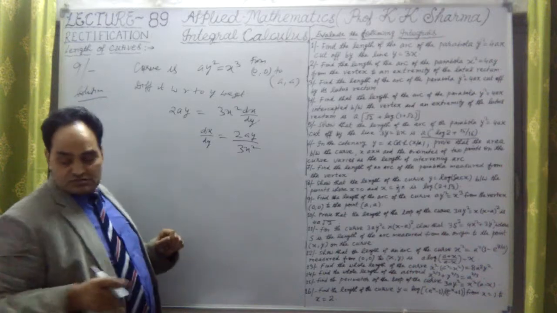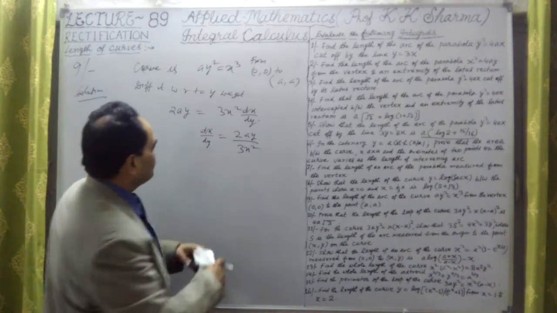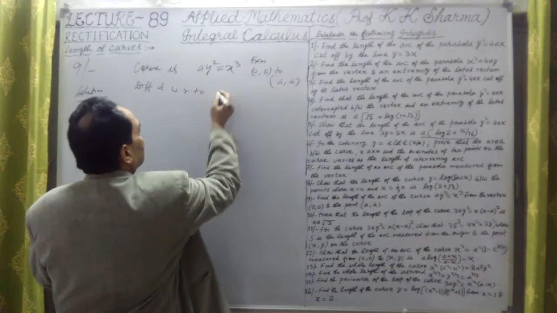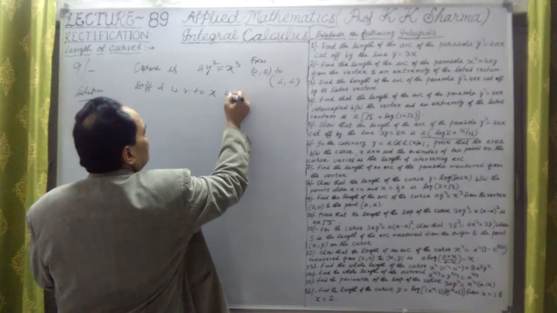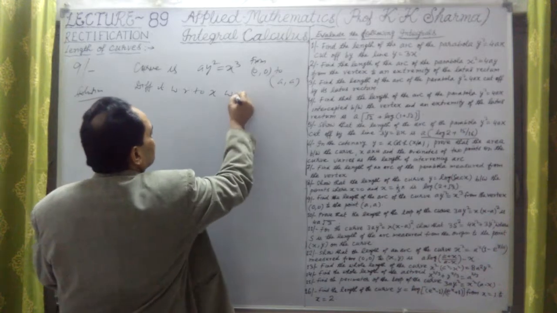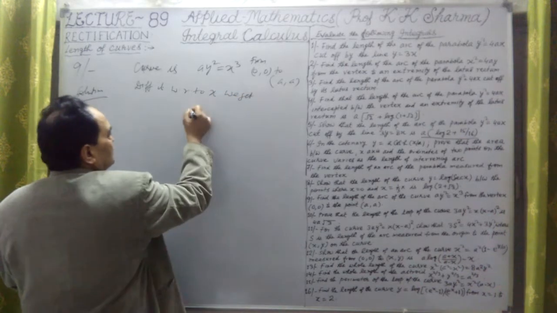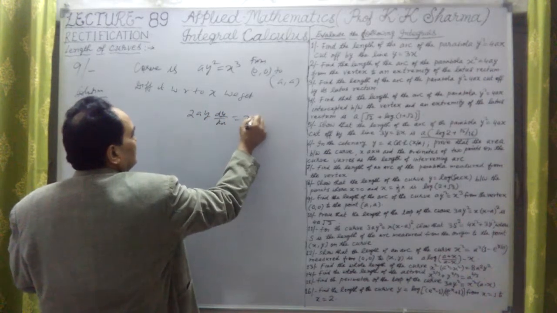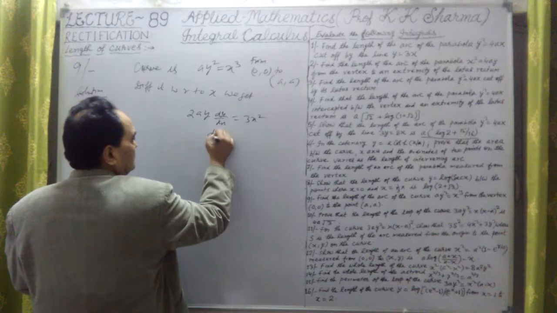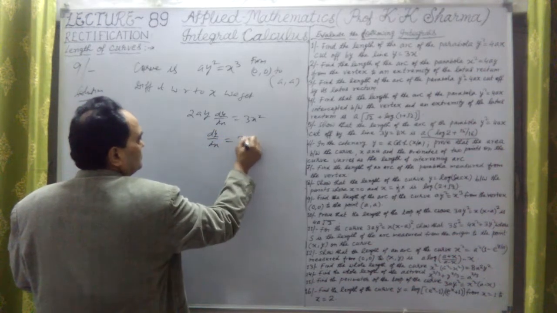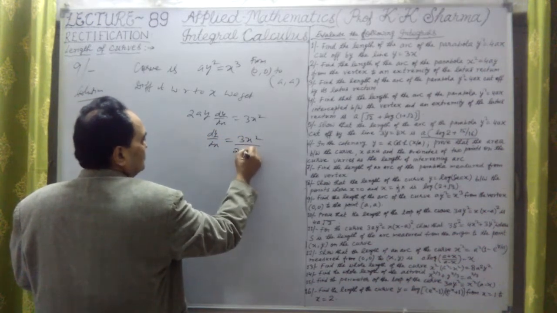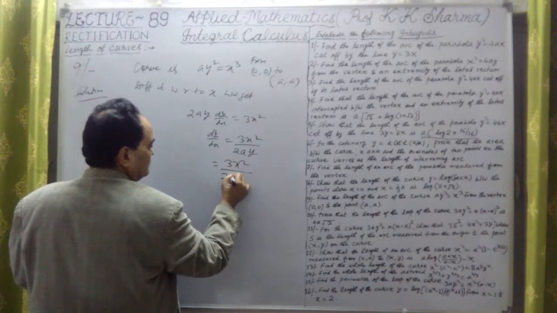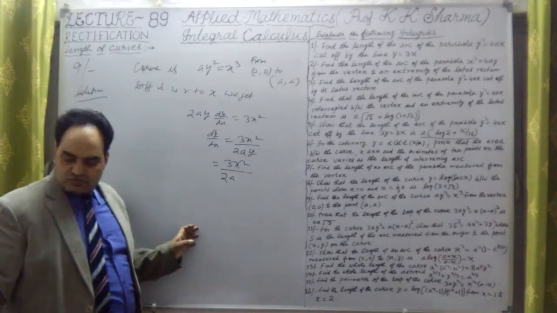So let me first solve it with respect to x, that will be simpler. With respect to x, twice a y into dy/dx equal to 3x square. Therefore dy/dx is equal to 3x square upon twice a into y. What is y here?